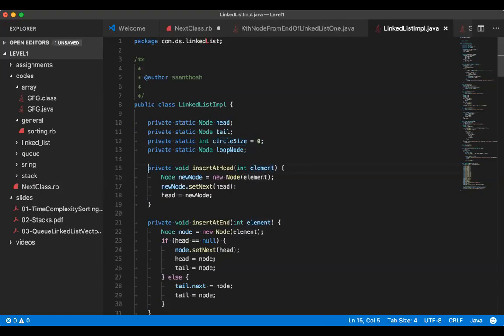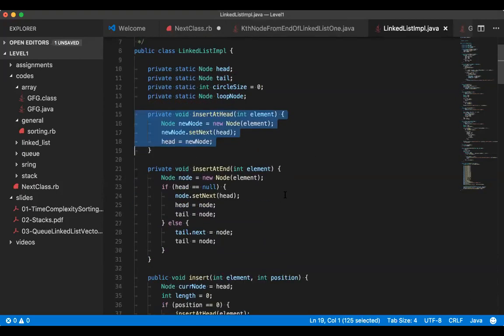We have insert methods. The first method is insert add head, which simply creates a new node with the value we want to insert, and then sets new node dot next to head. So we are pointing the next of the new node to head, and then changing our head to the new node. This is simple insertion in a linked list.